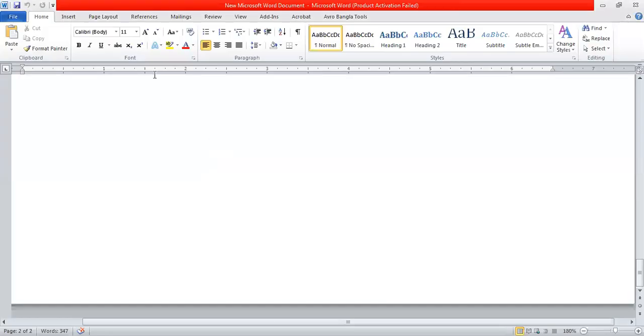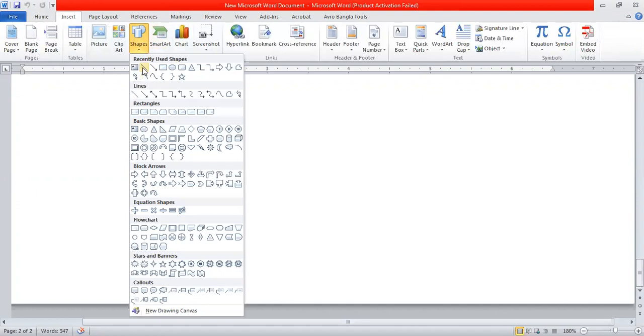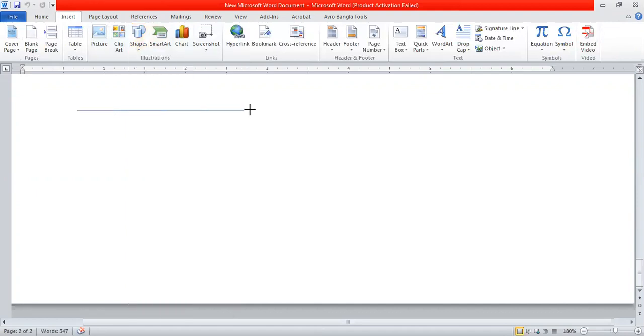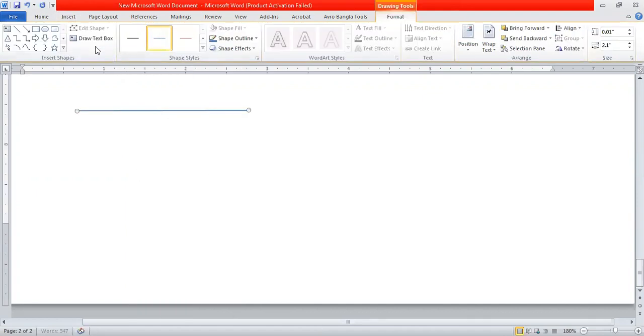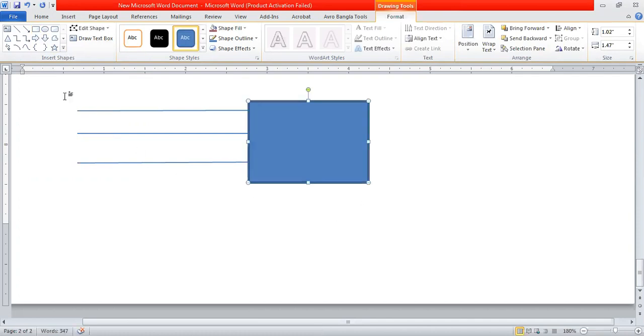So in a power system, we know that the power system is a three-phase power system. There are three lines actually. It represents the three-phase power system. This is a transformer.